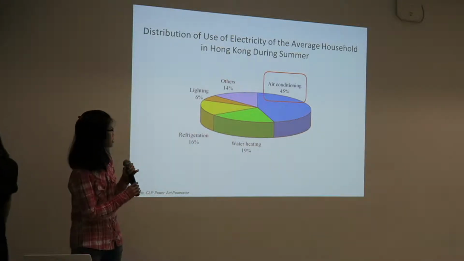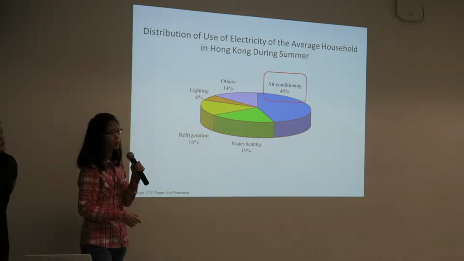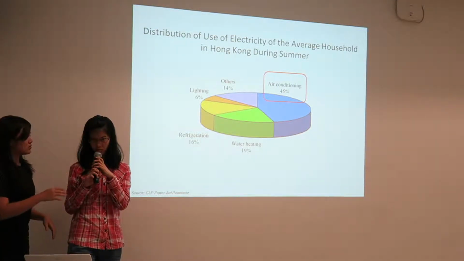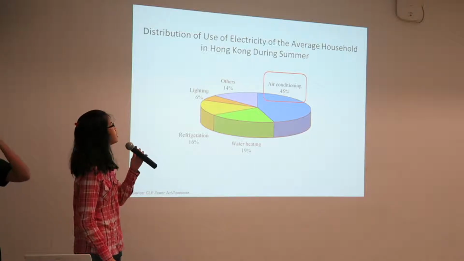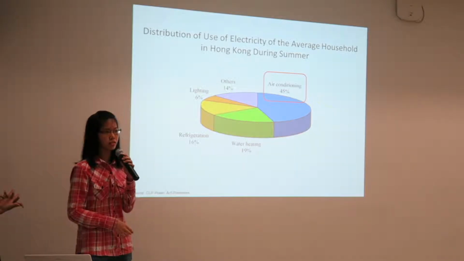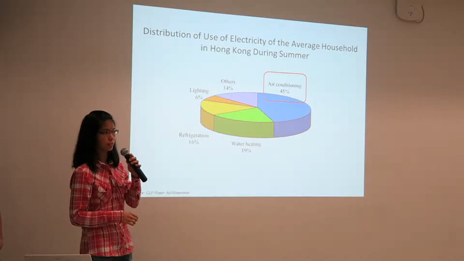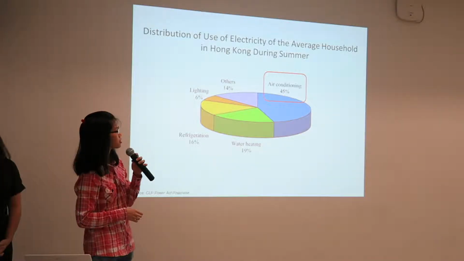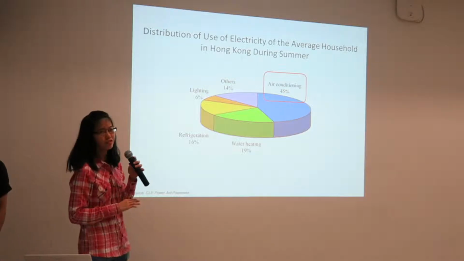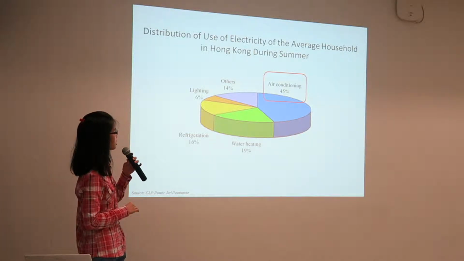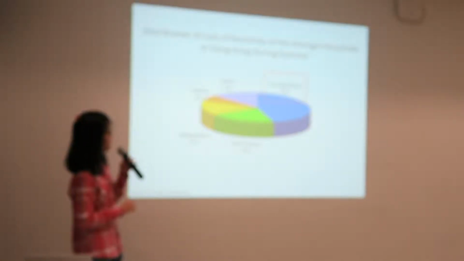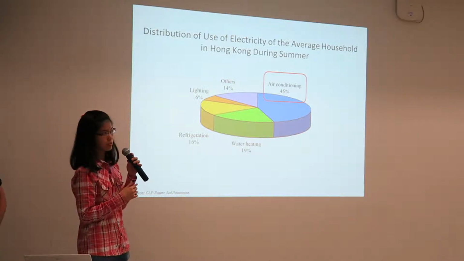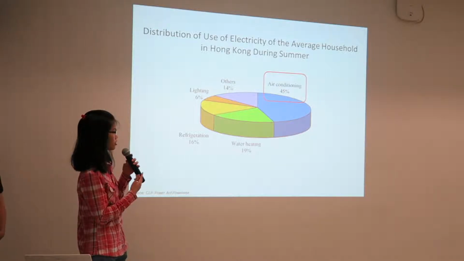The next thing is how much aircon is used. We all know that during summer it's very hot, and therefore people use a lot of aircon. From this pie chart, we can see that 45% of the electricity consumption is on aircon, and that's why we decided to focus our topic on aircon, because it uses a lot of electricity.